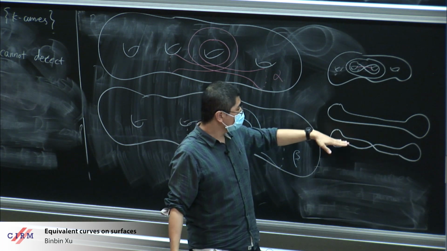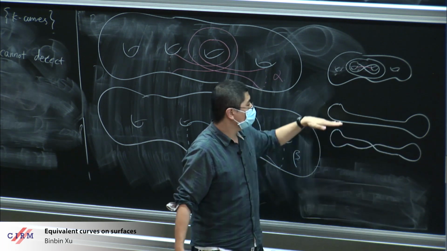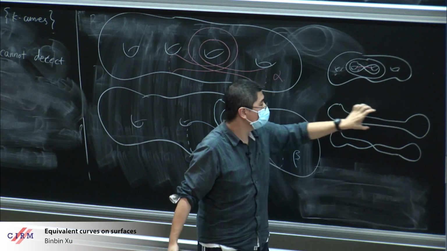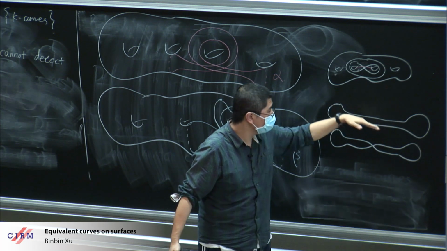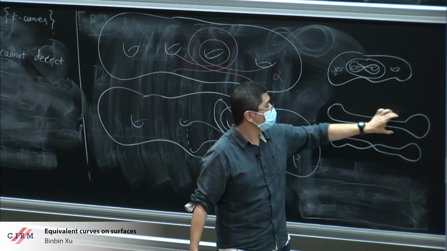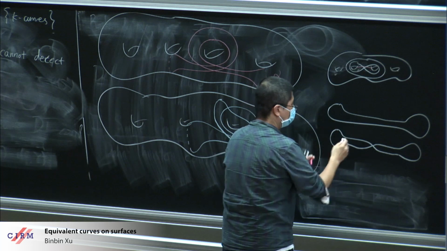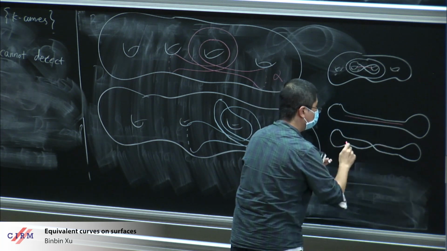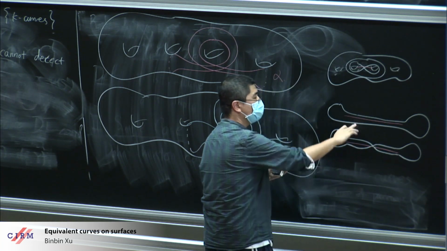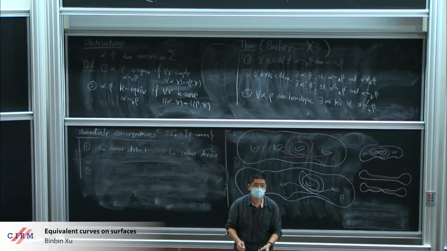So in order to distinguish them, I must cross in the middle and follow these two segments in each curve. But what if this part has self-intersection? Then the curve in the middle. So if these two white curves have self-intersection, then this red curve must also have self-intersection.